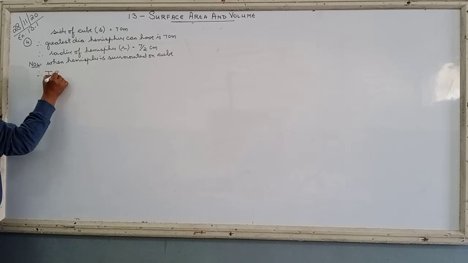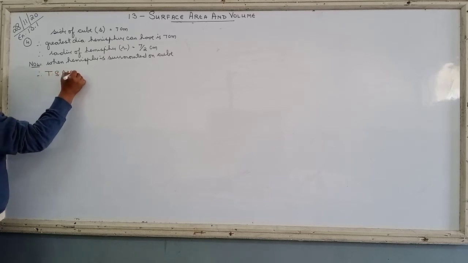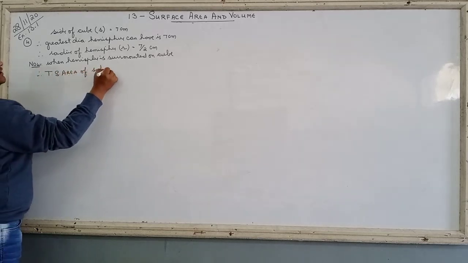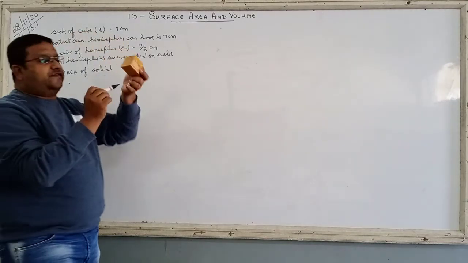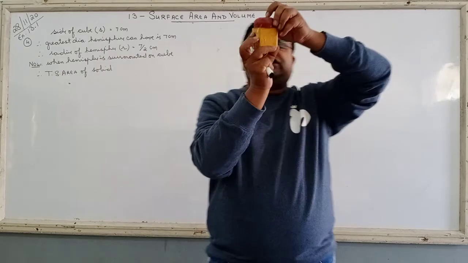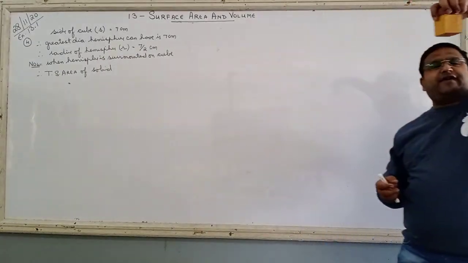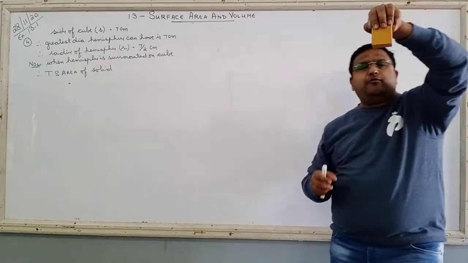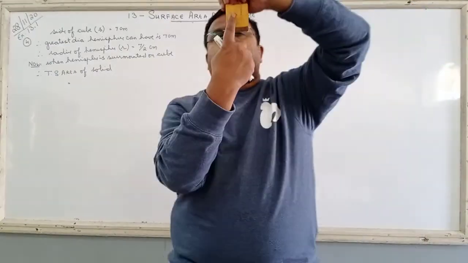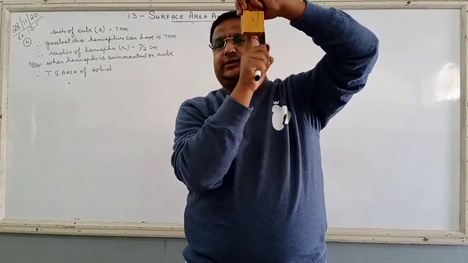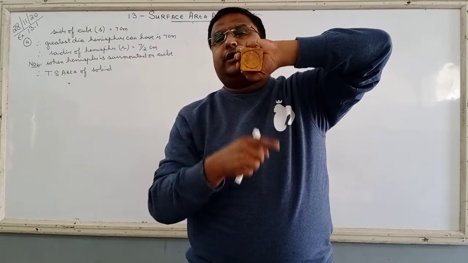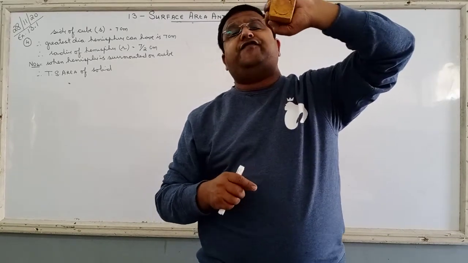therefore total surface area of the solid is equal to, check now, which will be the surfaces visible to us. Just check carefully. Now if I hide this hemisphere from top, how many faces of the cube are visible? 1, 2, 3, 4. 4 faces. And 1 face on the base. Is it visible? So 5 faces of the cube.